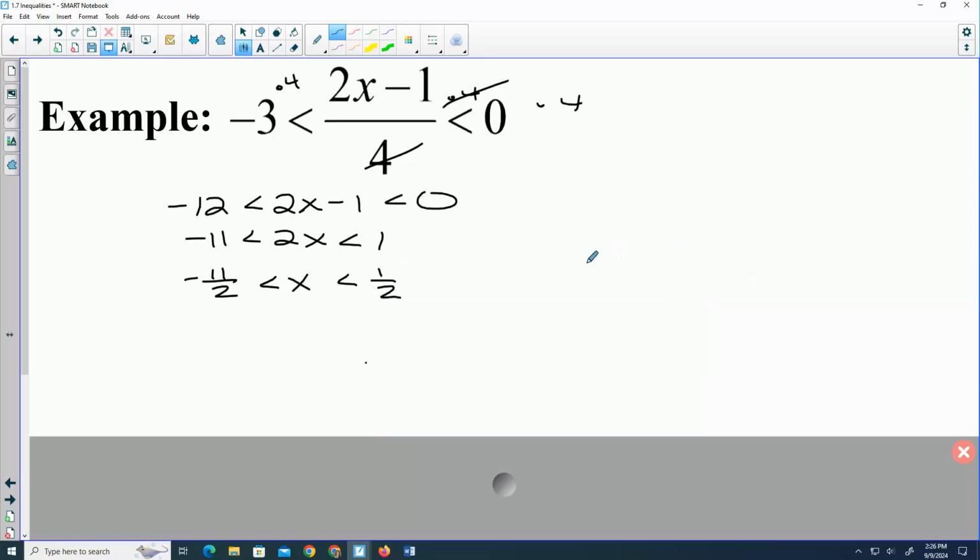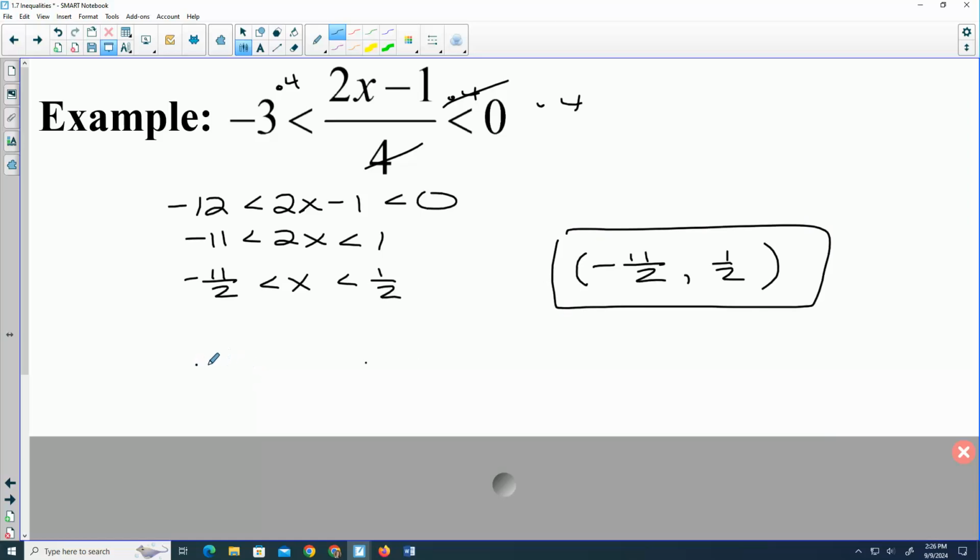What would that be as an interval? Parentheses because nothing had an equal to. If you are going to graph this, negative 11 halves, that's negative 5.5.